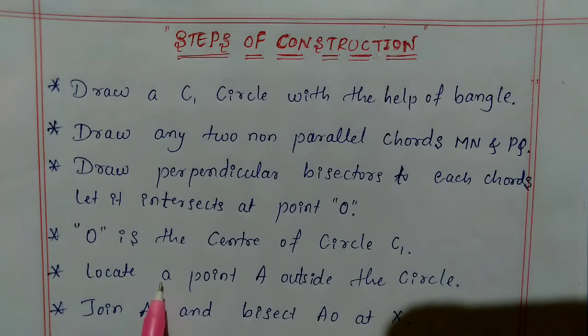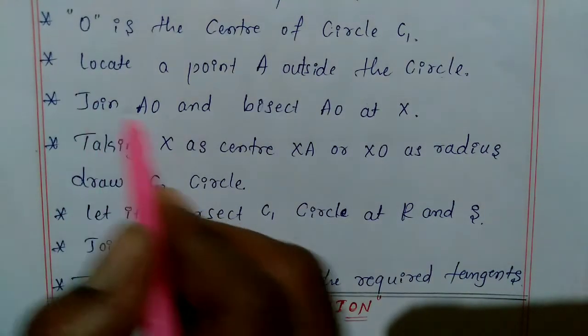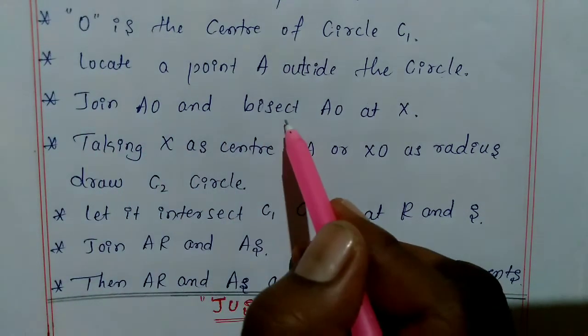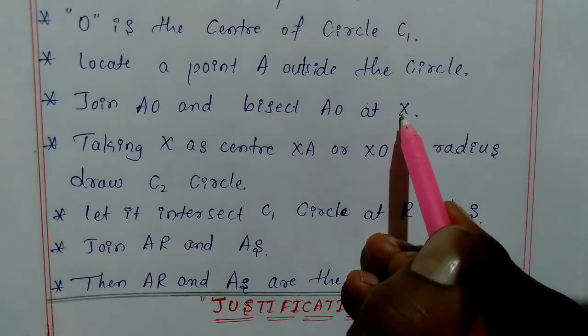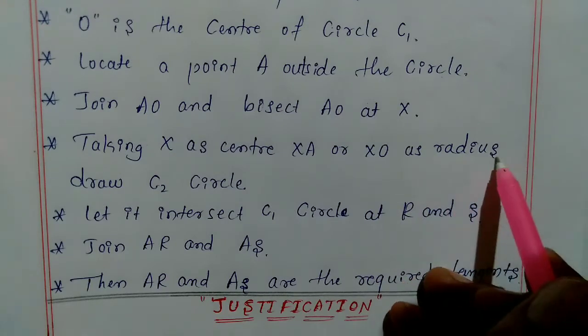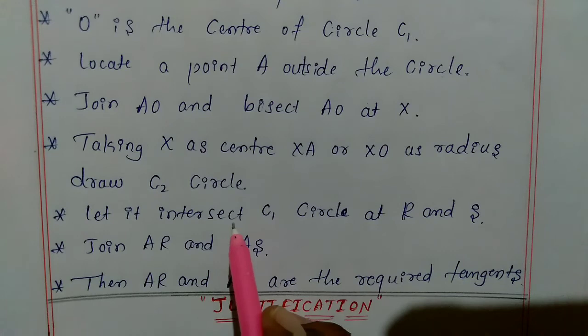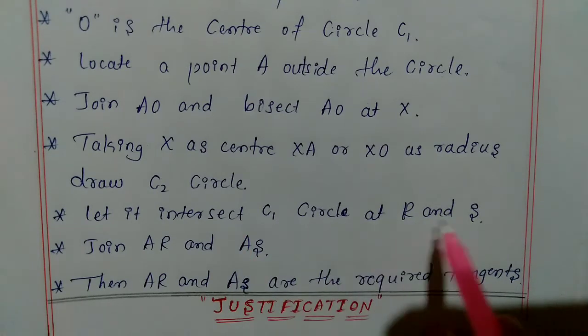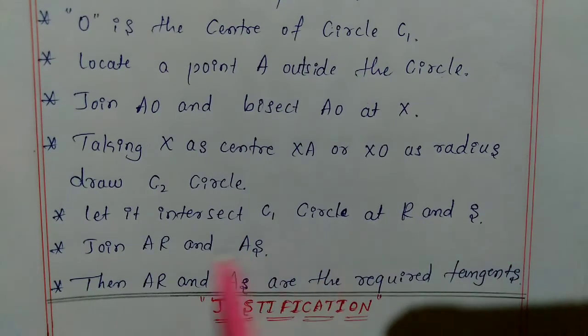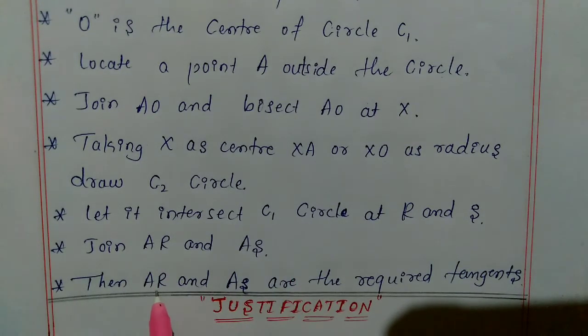After that, locate a point A outside the circle. Join AO and bisect AO at X. Taking X as center and XA or XO as radius, draw the C2 circle. Let it intersect the C1 circle at R and S. After that, join AR and AS. Then you will get the required two tangents, AR and AS.